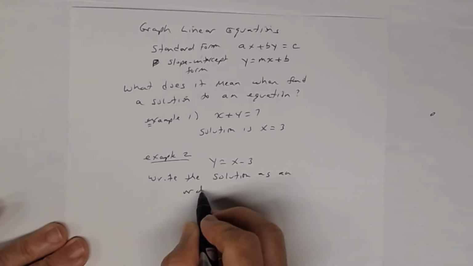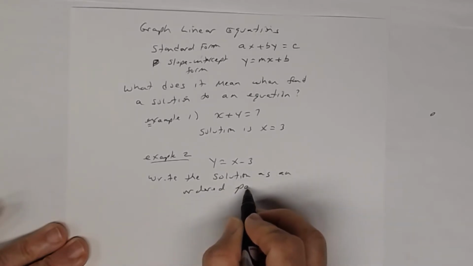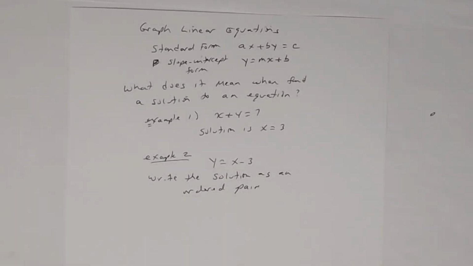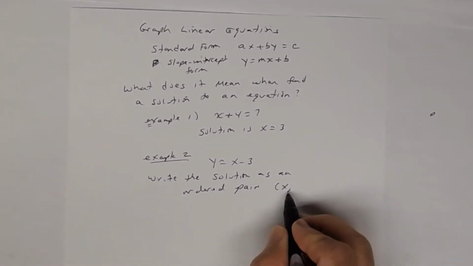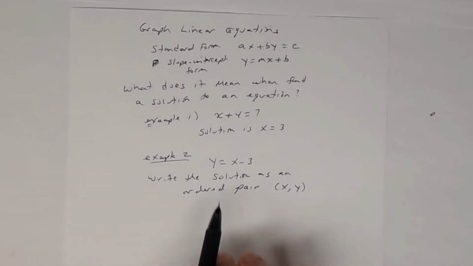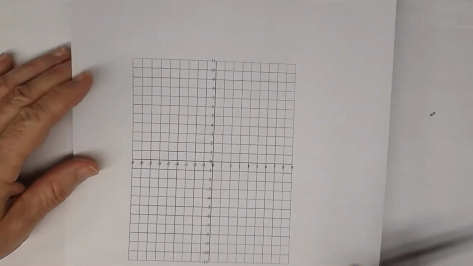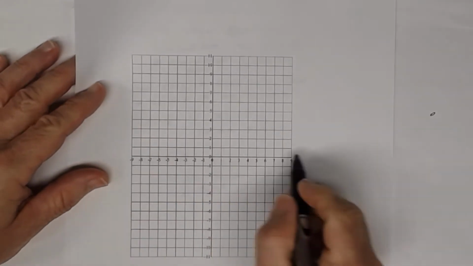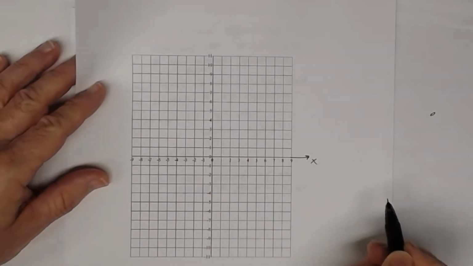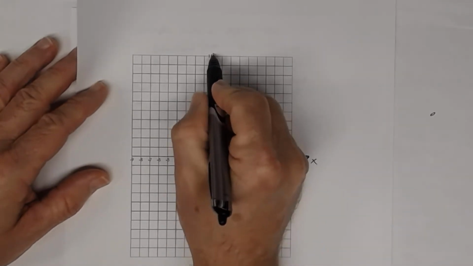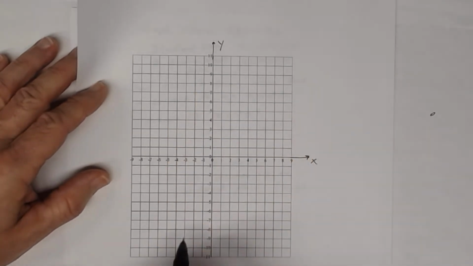Okay, so let me remind you what we mean by an ordered pair. An ordered pair is (x, y) here, since we're dealing with the variables x and y. In the coordinate plane, the horizontal axis is called the x-axis, and the vertical axis is called the y-axis.